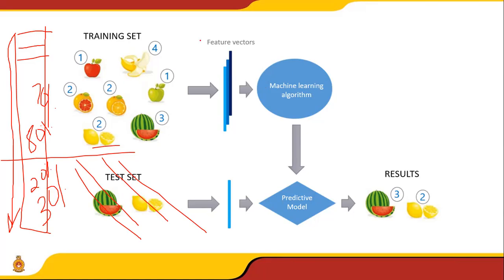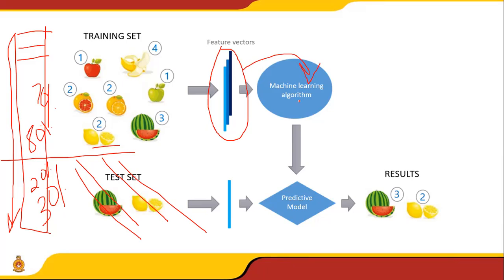Got it? Now what we are going to do? We are trying to understand features, skin color, weight, and all of these features. Then we are going to apply a machine learning algorithm. We have a couple of algorithms, and we are picking the most suitable, appropriate algorithm.